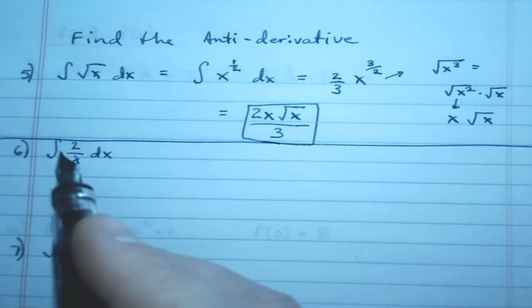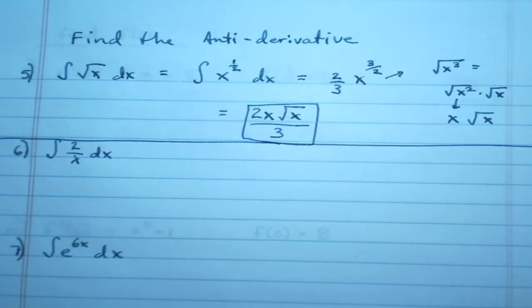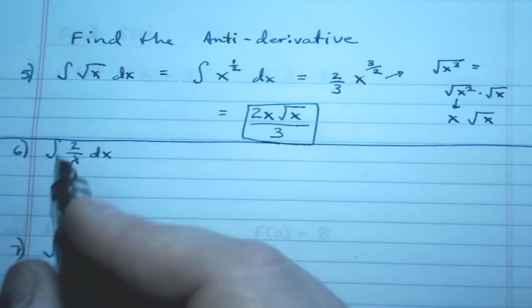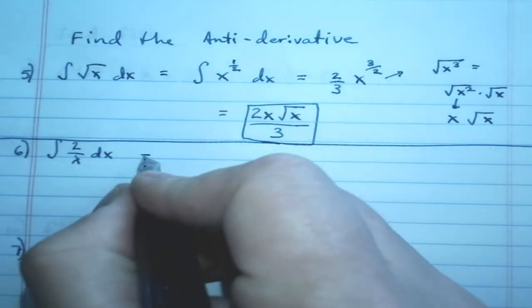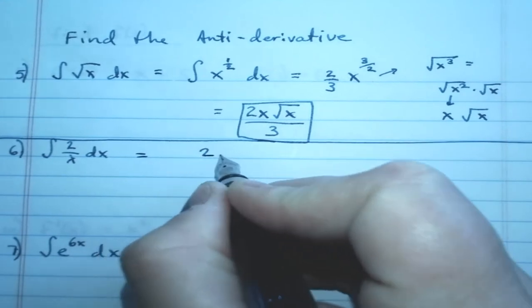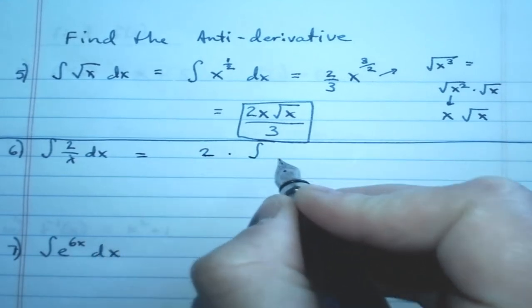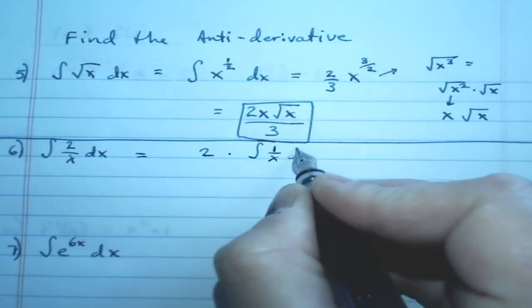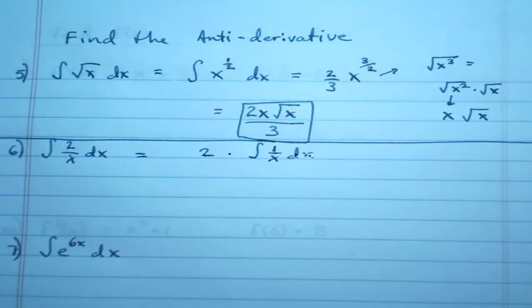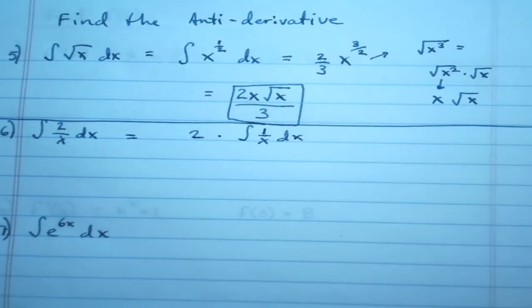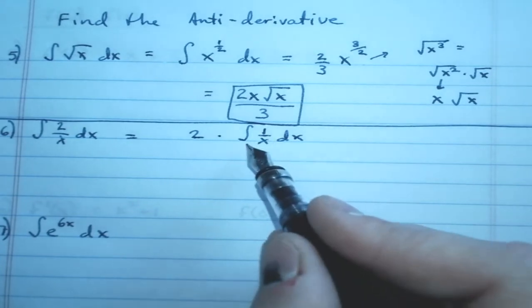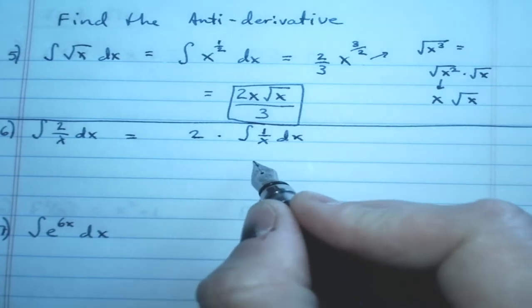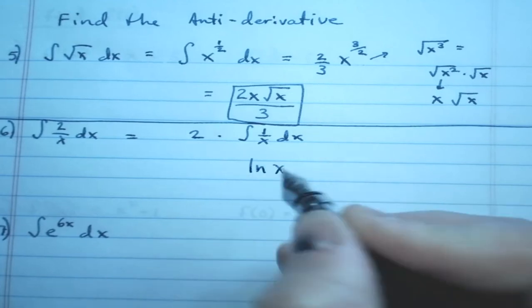Next one here is the antiderivative of 2 over x dx. And I'm going to rewrite this as 2 times the antiderivative of 1 over x dx. And my reason for that is, again, going back to antiderivative properties. The antiderivative of 1 over x is the natural log of x.